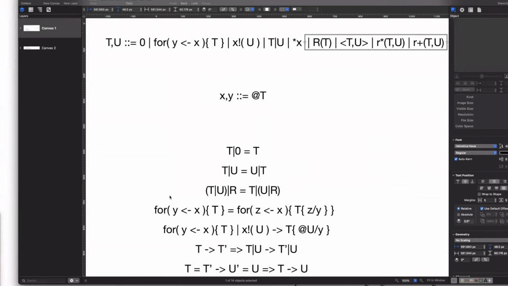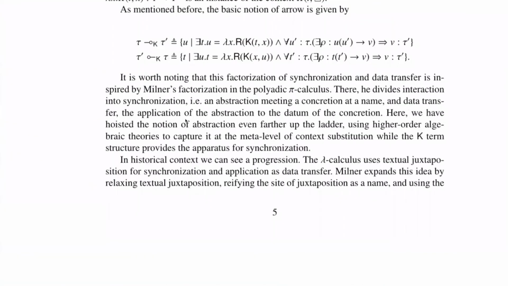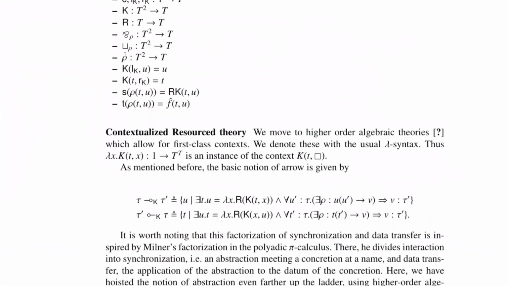These two kinds of term constructors are used for probing frozen Ks. Does that make sense?